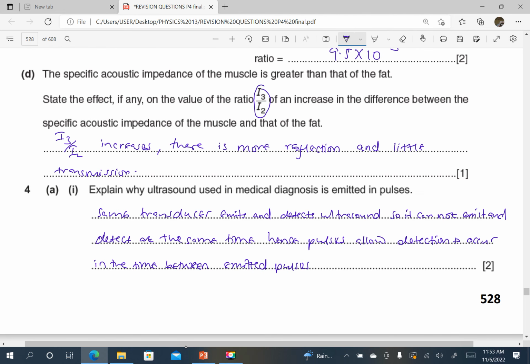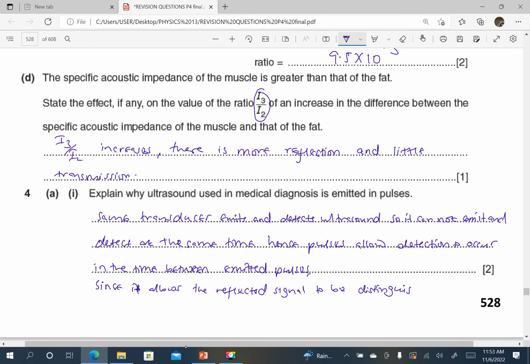It also allows the reflected signal to be distinguished from the emitted signal.